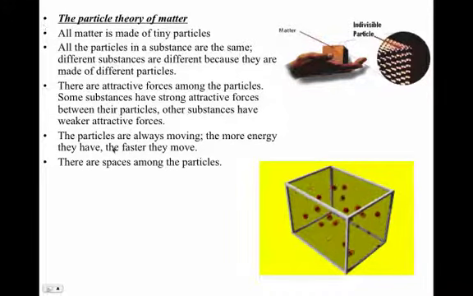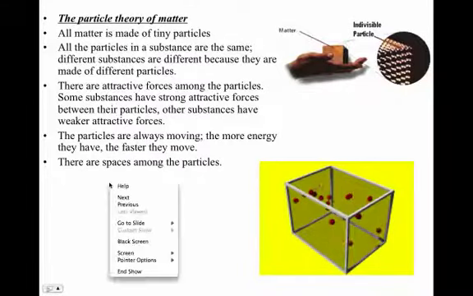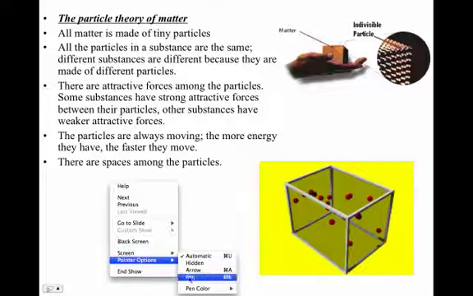We should also know that there are attractive forces among particles, and some substances have strong attractive forces, whereas other substances might have weaker attractive forces. And when it comes to solids, liquids, and gases, those attractive forces are going to differ depending on the state of matter.